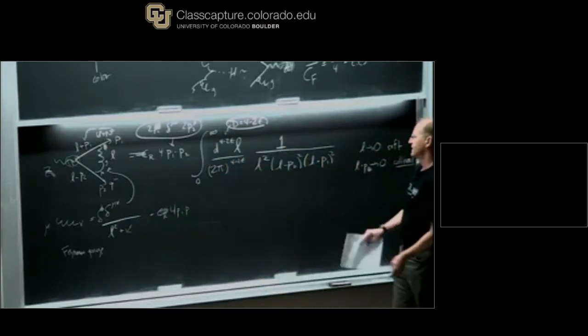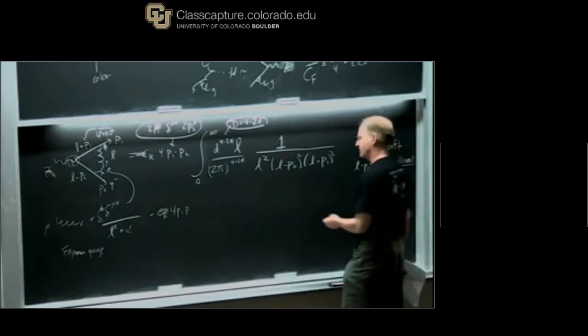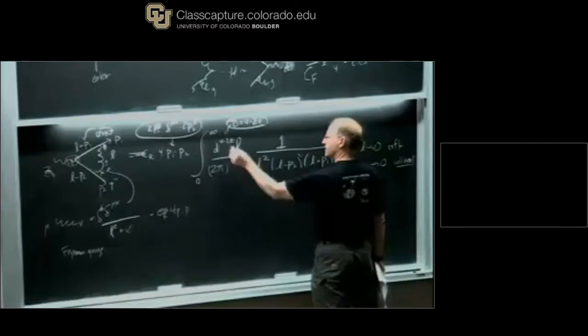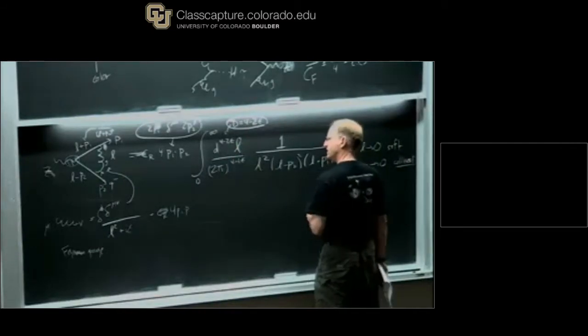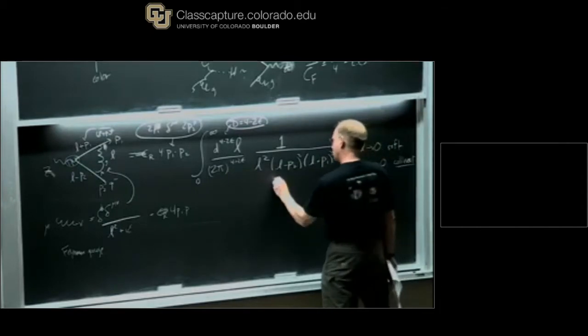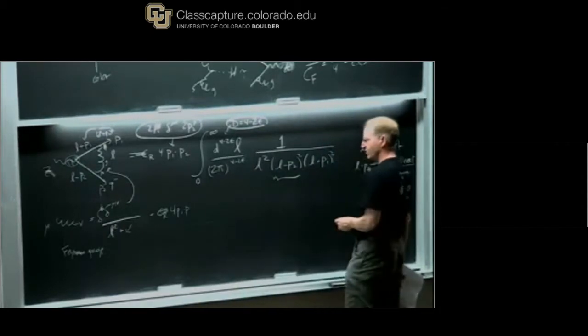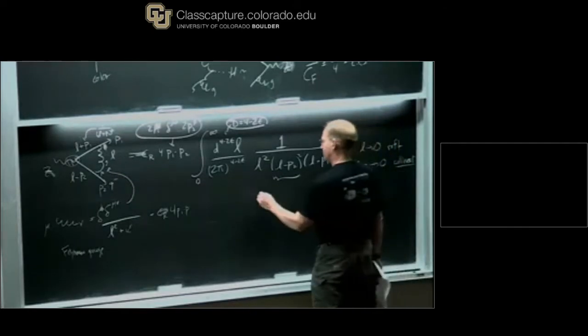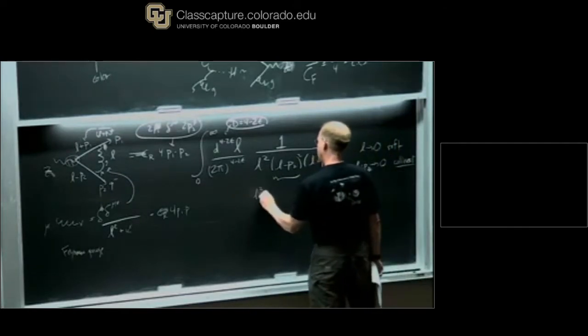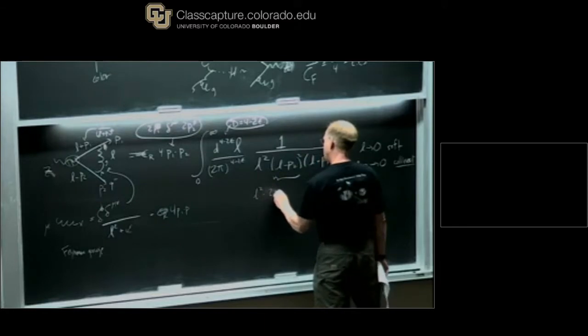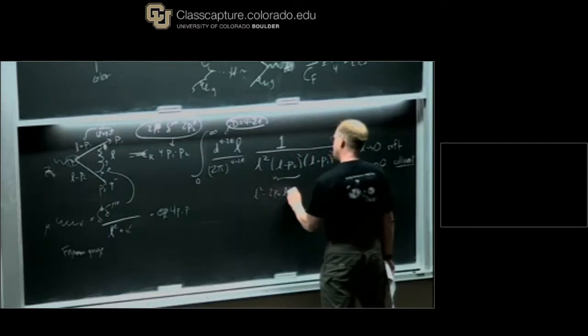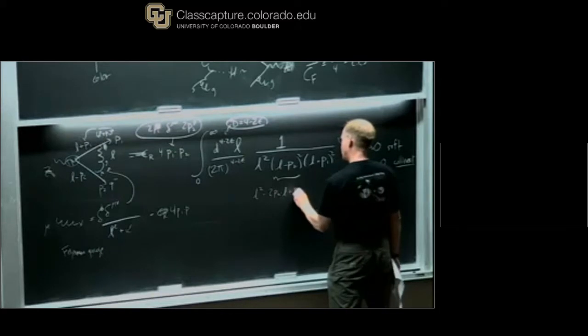Okay, let's count powers of the loop momentum. It has a d^(4-2ε)L in this limit. And let's look at what happens when L squared is 0 and also P2 squared is 0 in here. So this has an L squared minus 2P2 dot L plus P2 squared.